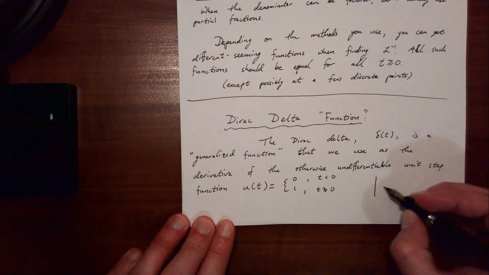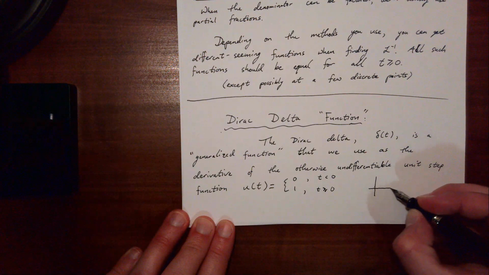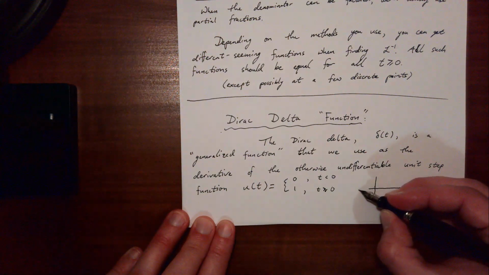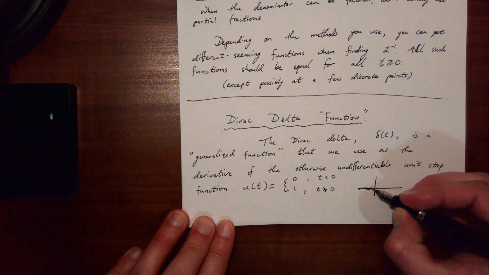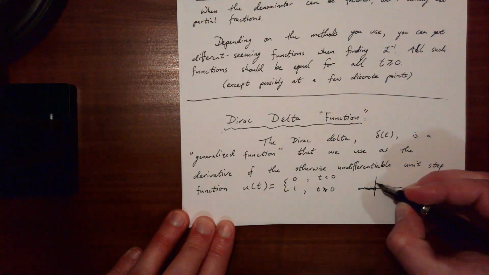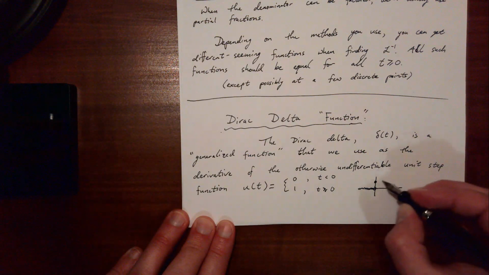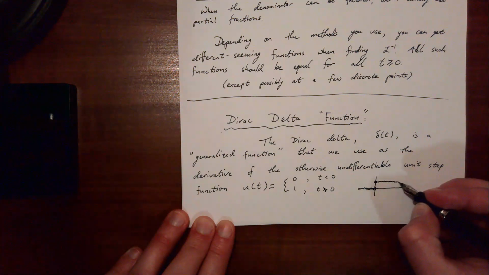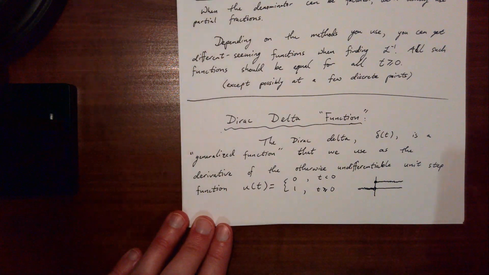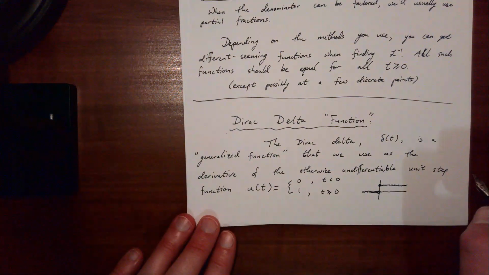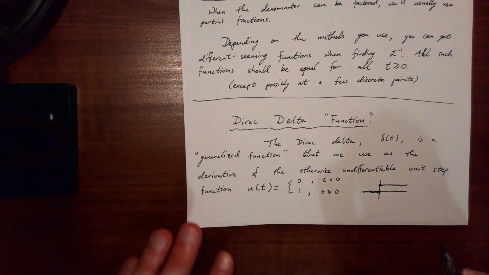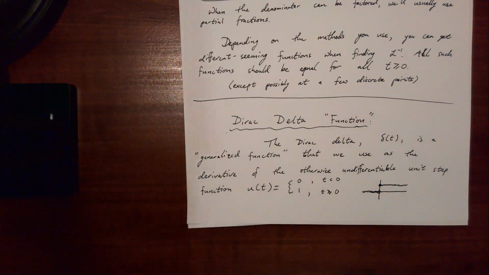So u has the value of 0 until it has the value of 1. So it is constant everywhere except at one point, and at that one point it is discontinuous, it jumps. So those of you who remember your training in Calc 1 will know that if a function is not continuous, then don't even talk to me about it being differentiable.